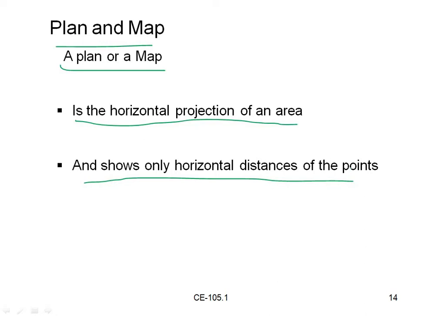And on the map, you can see the site layout, how it is, and where the location is. So preparing the plan and map, it is the horizontal projection of an area, and it shows horizontal distances of the points.